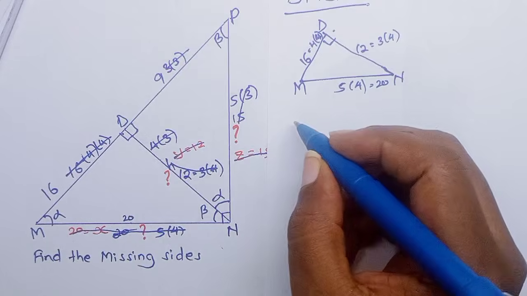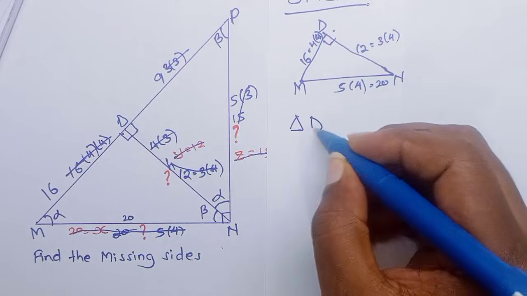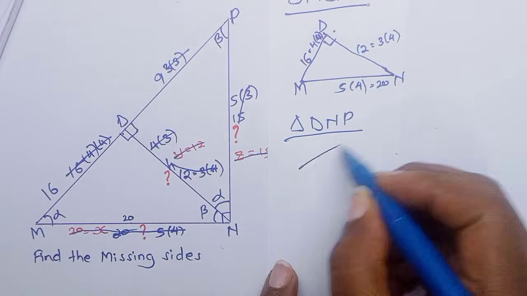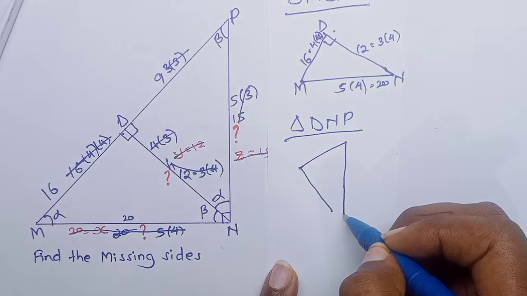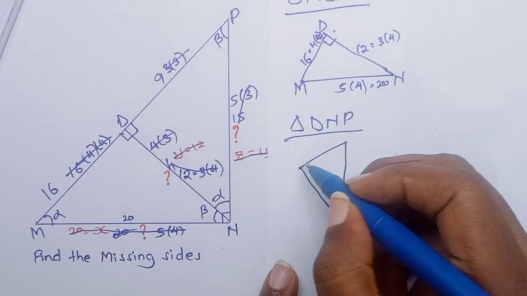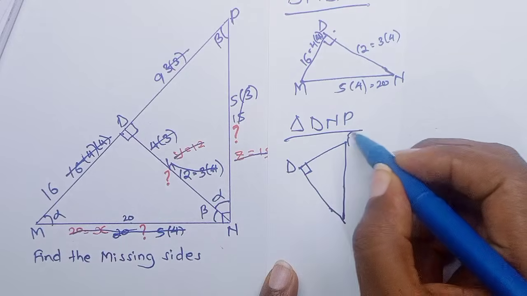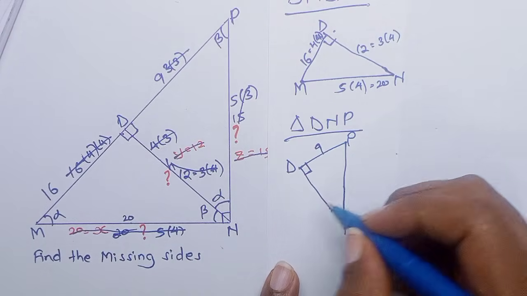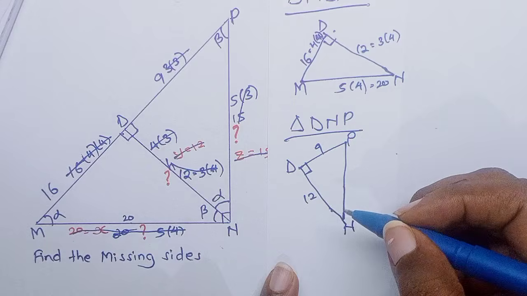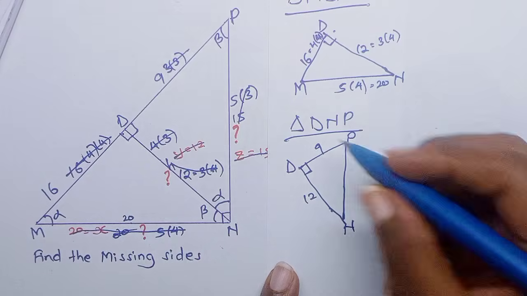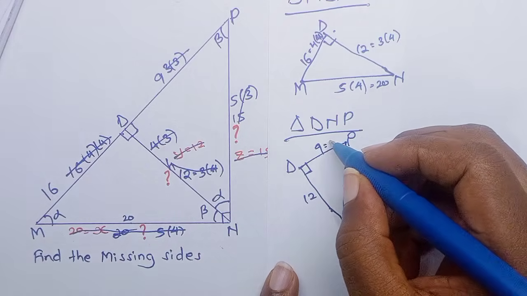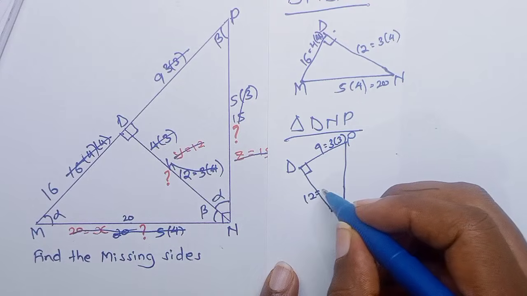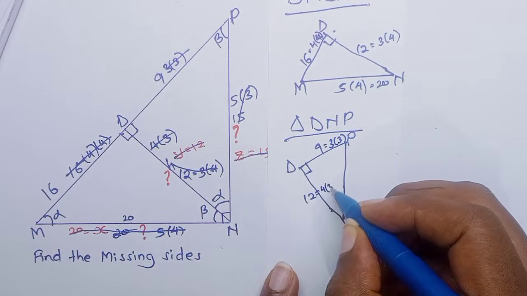Next, let's focus on triangle DNP, this one here. So this is 90 degrees, this is DPN. This is 9, this is 12. So 9 can be written as 3 by 3 and 12 can be written as 4 by 3.